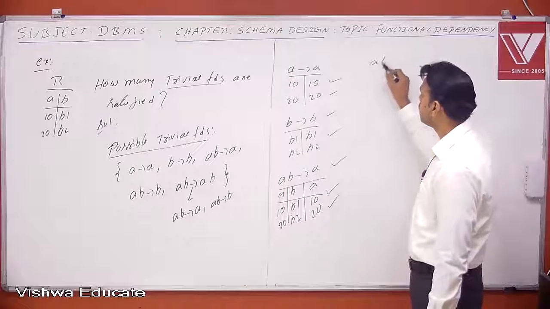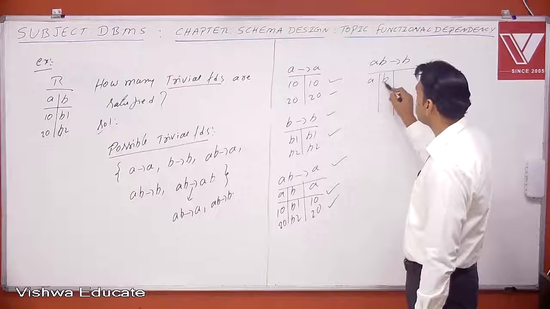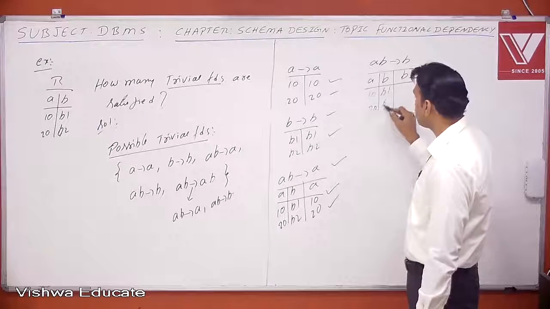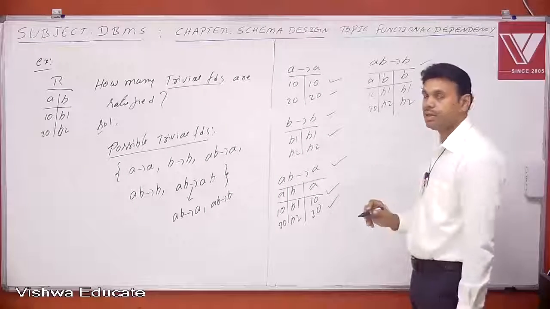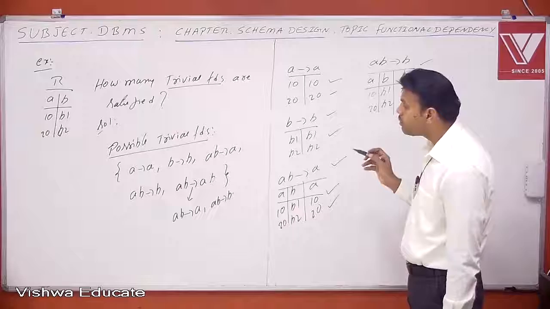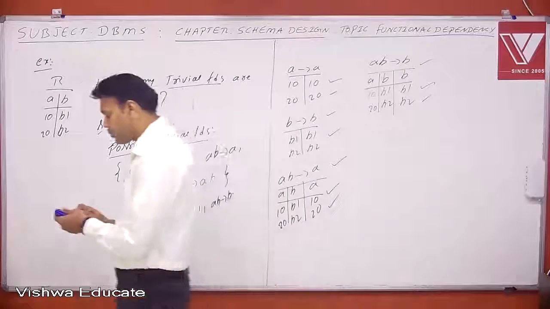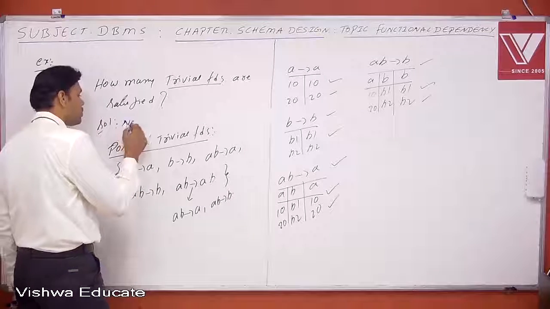What is the next one? AB→B. You write the AB data and B data: 10 B1, 20 B2, then B1 and B2. That is also satisfied. So all will be satisfied. Why? As I told you, I noted in the session, what is the note?